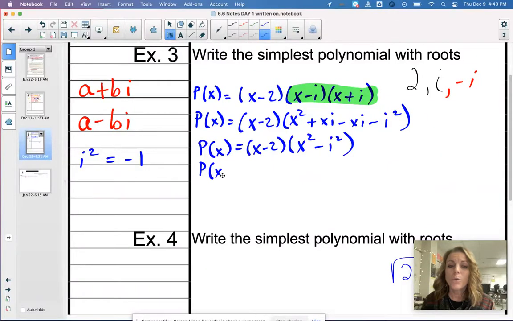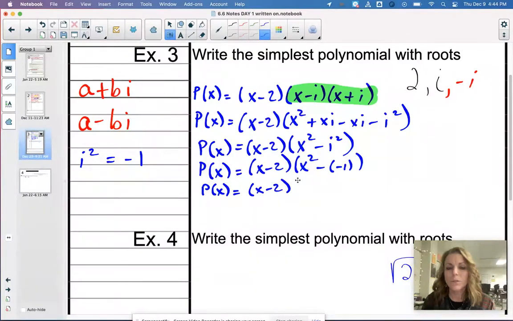Well, we know that i squared is a negative 1. So if we plug in a negative 1 for i squared, let's just show how we do that. Don't want to make anyone confused here. We're going to have x squared plus 1.